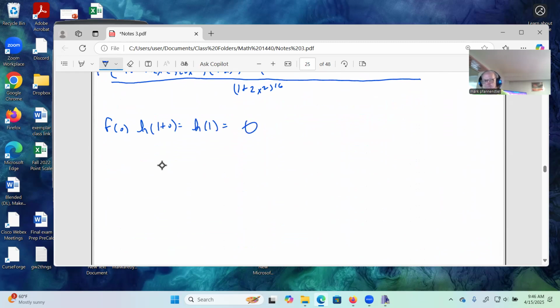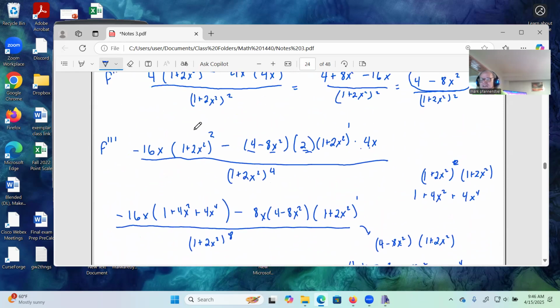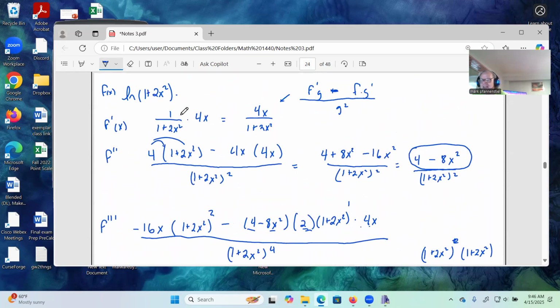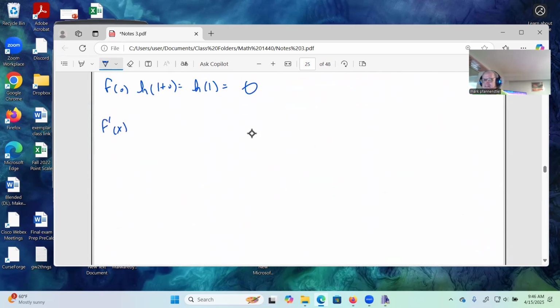We get 0. Okay, f prime. We're going to go back up here to remind us what f prime was, all the way back up here. And when we plug in 0, remember this was our f prime up here? Our f prime, plug in 0, we end up with 0 over 1, so that's 0.